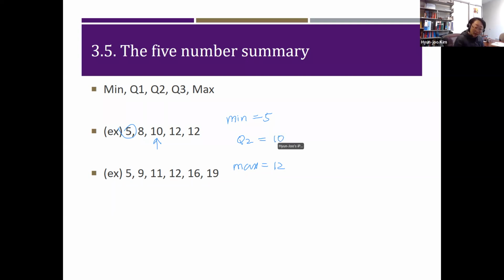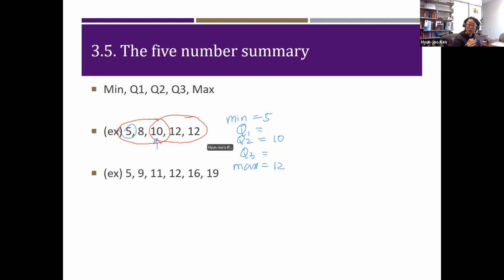Okay. And then to find Q1 and Q3, what we're going to do is divide our data set into 2 sets. Depending on the textbook, there is arguing about whether your set should include the median value or not, but I think it's more typical to include the median value. So the first set will be these 3 values, and the second set will be these 3 values.